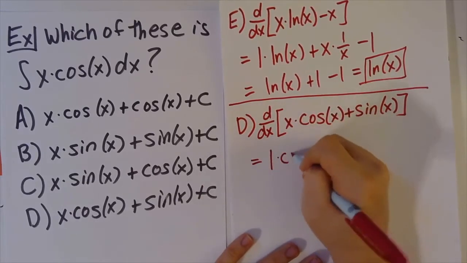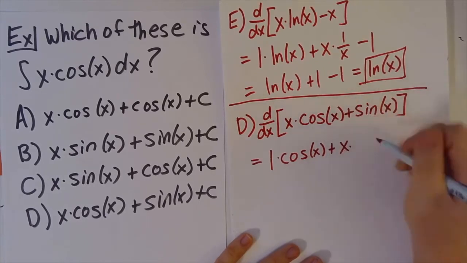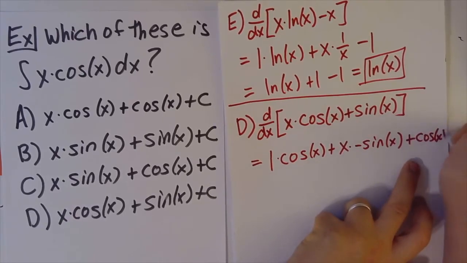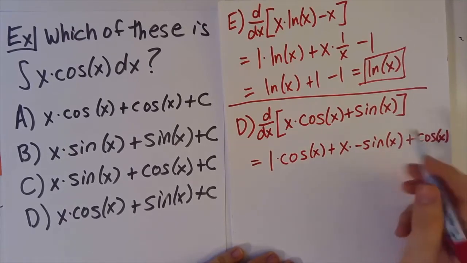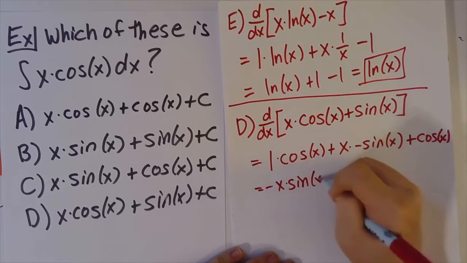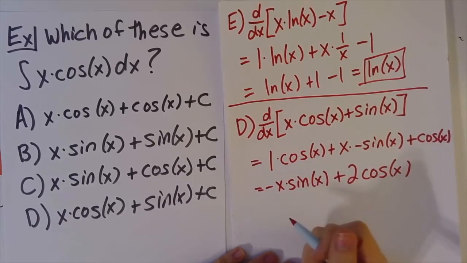Okay, but this is going to be 1 times cosine of x plus x times minus sine of x plus cosine of x. Okay, so it looks to me like the thing I got here was minus x times sine of x plus 2 cosine of x.